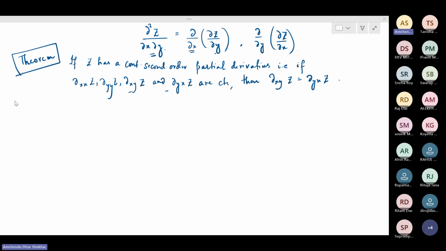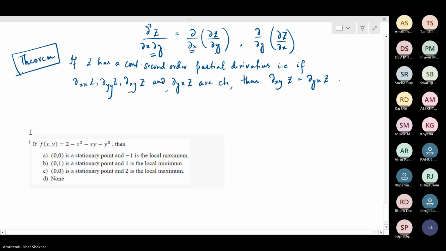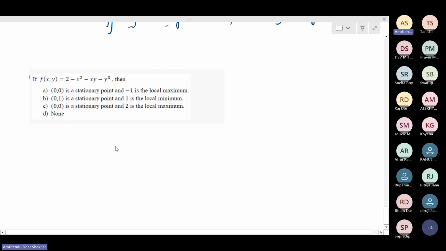Okay, so let's look at types of critical points. Let's say we are given a function in two variables, and we ask you to compute the maximum of this.